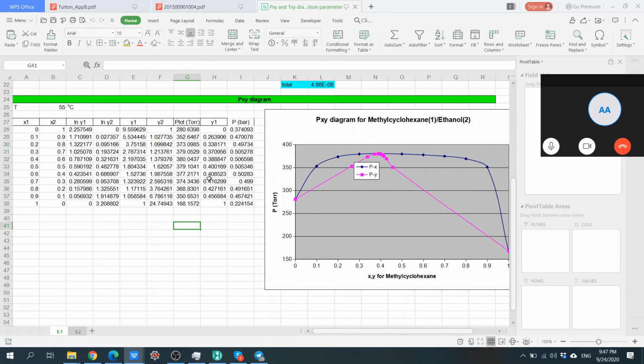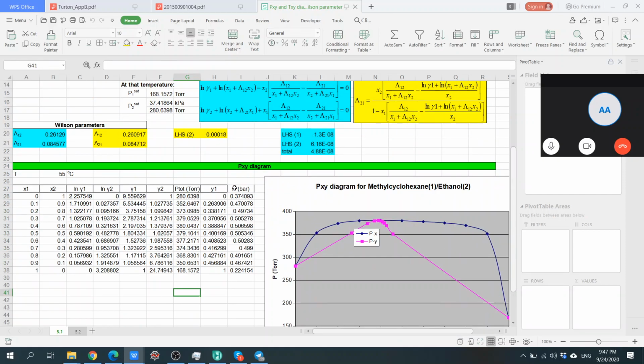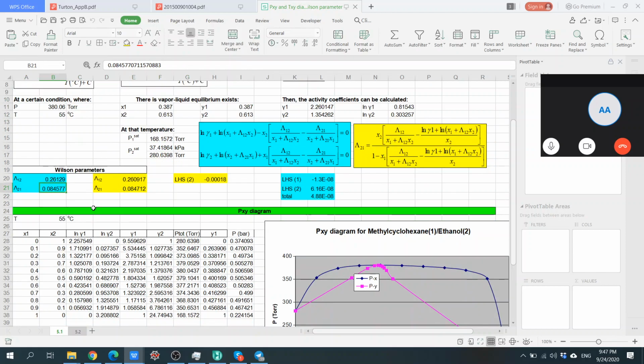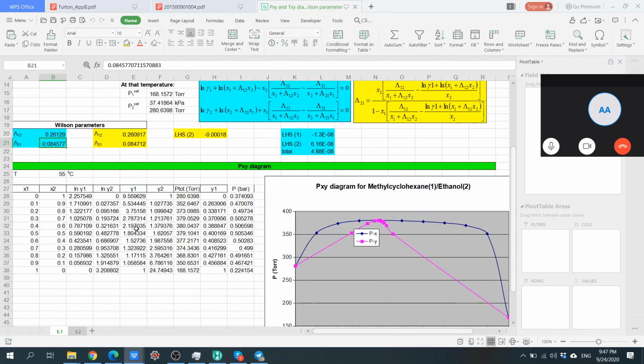For now, in this particular example, we only use this one set of data, only one data point, to get this binary interaction parameter, and using the same binary parameters, we can make this plot. So the next step is to find the actual experimental data, so that we can see whether our plot matches the data or not.